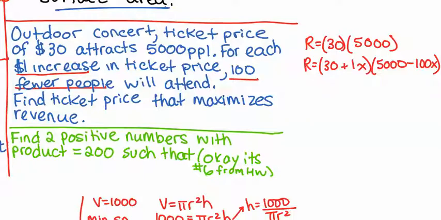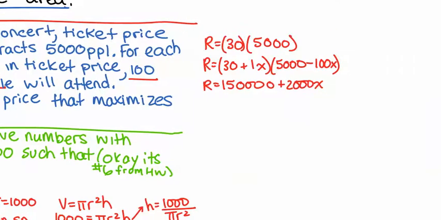So I think the quickest way to do this question would be to expand the brackets and then get the derivative from there. So if I expand the brackets, I get 150,000 minus 3,000x plus 5,000x, so plus 2,000x, minus 100x squared.